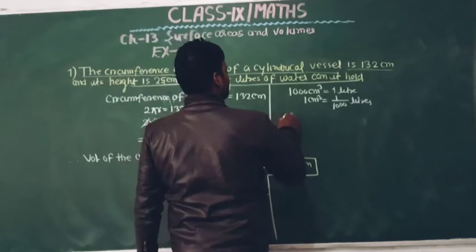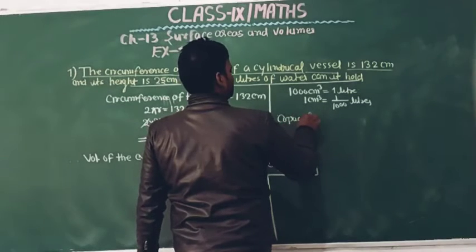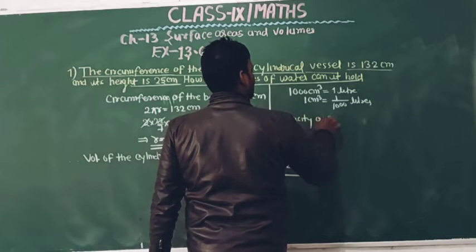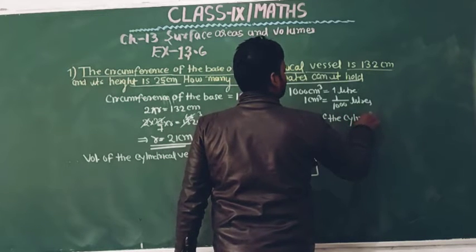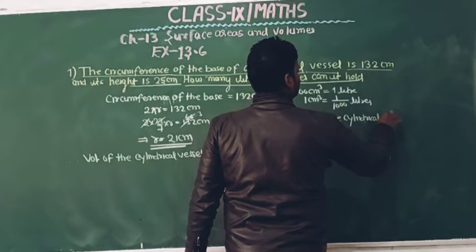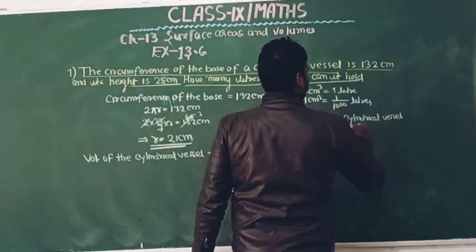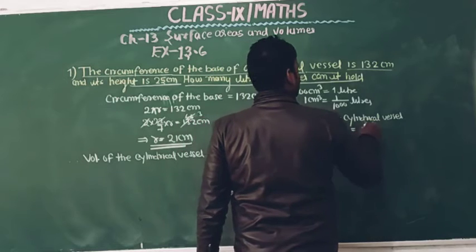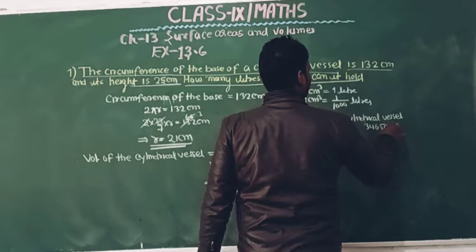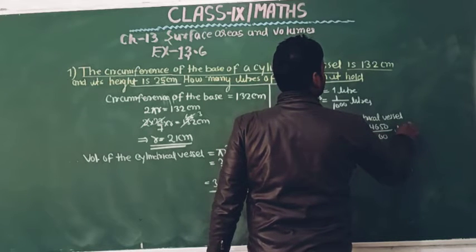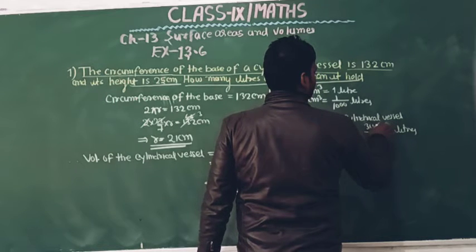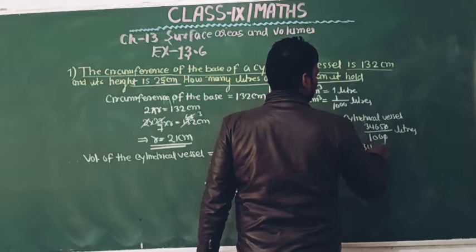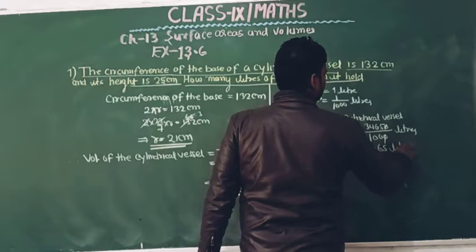So write capacity of the cylindrical vessel equal to 34650 upon 1000 liter, which is equal to 34.65 liter.